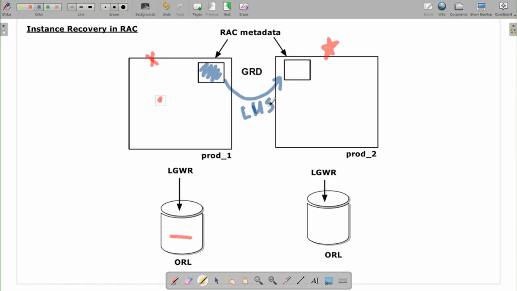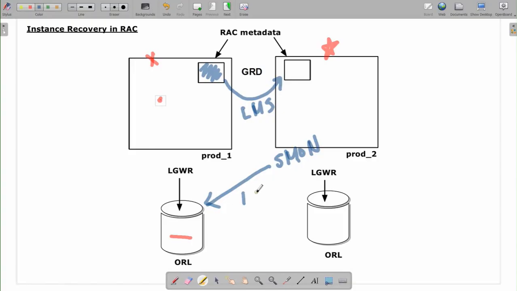And the other one is the SMON process running out of the instance that is performing instance recovery. It will visit the online redo log file owned by the problem instance.